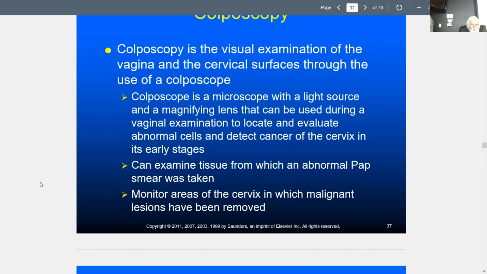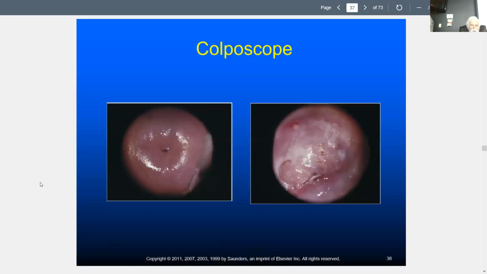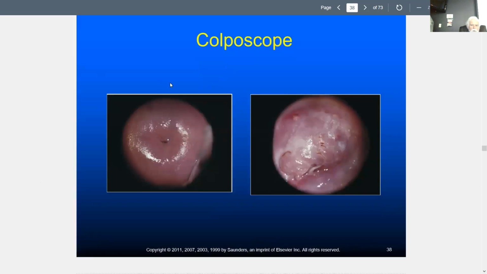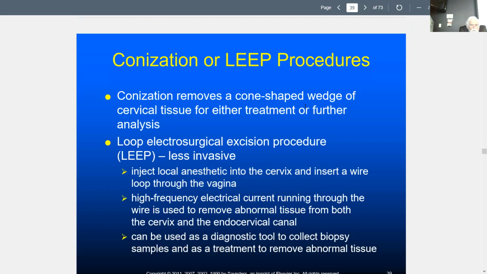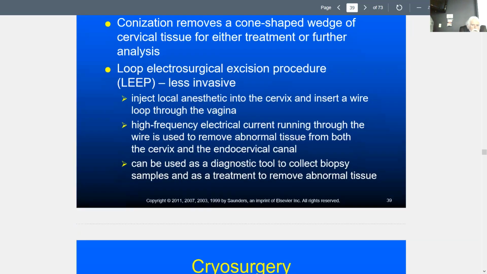We can visually examine the tissues. It's a picture of relatively normal. And you can see here, this does not look normal. These would be taken off with a various different set of tools for analysis. This one actually looks like it could be precancerous from the shape of it and this discoloration. That could also be lighting. So we can either remove these things with a mechanical device or use an electrical wire to pull something off.